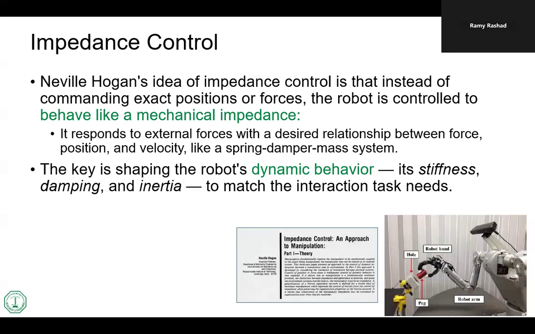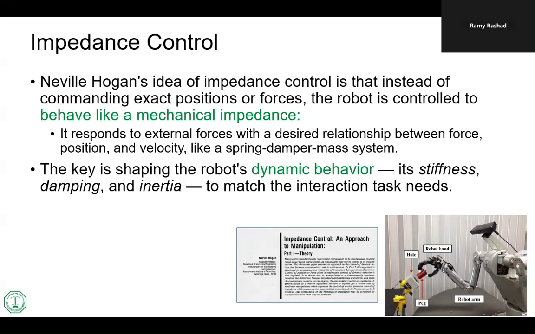By the way, just as a side, if you go to these papers, I'm going to put them up if you're interested, you're going to find that Neville Hogan was using bond graphs in these papers. So he came up with this idea thinking in terms of ports, thinking in terms of bonds. There was no Port-Hamiltonian system theory at that time. It was not formulated yet, but he was working with just the standard bond graphs.